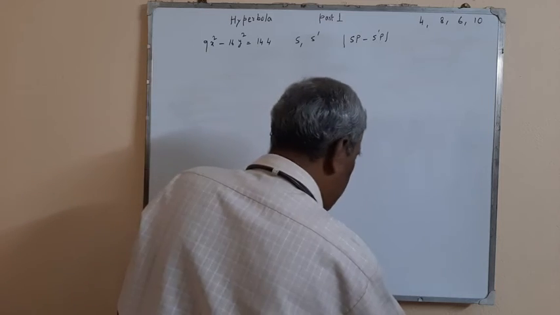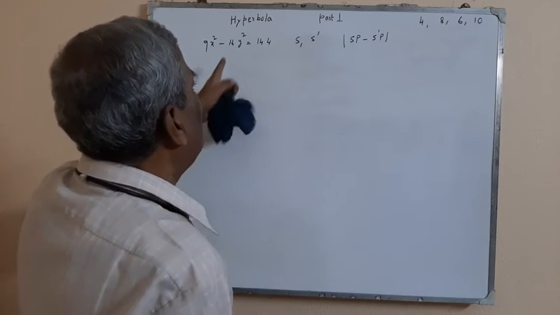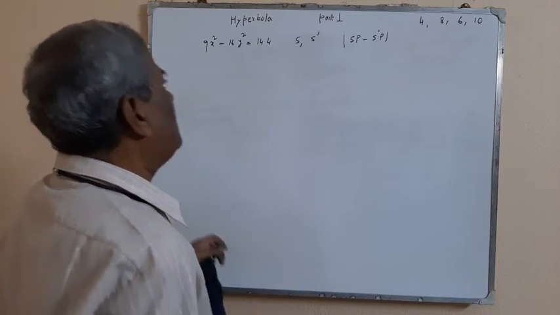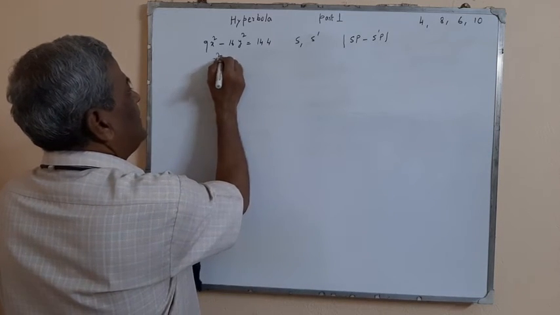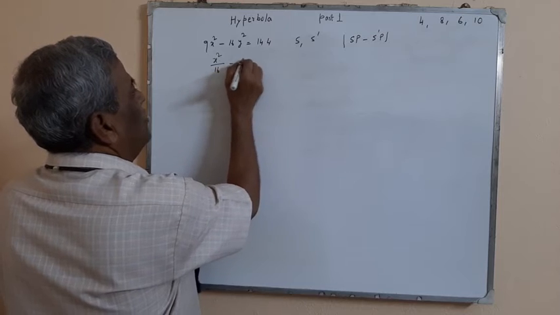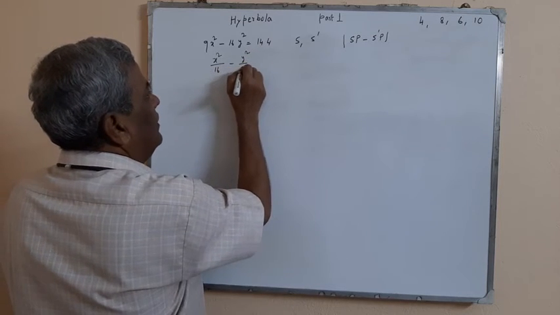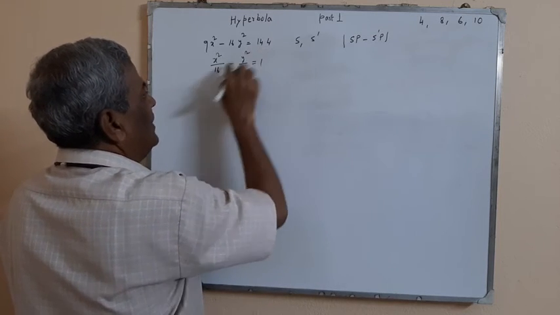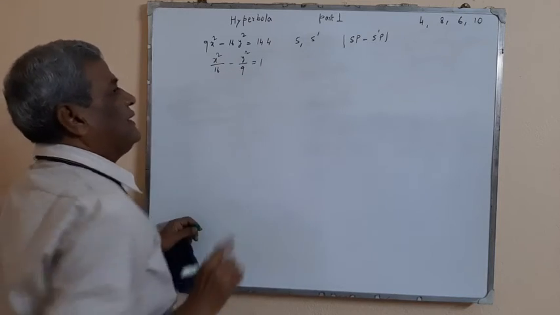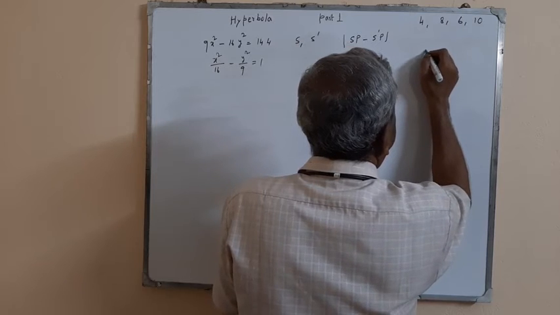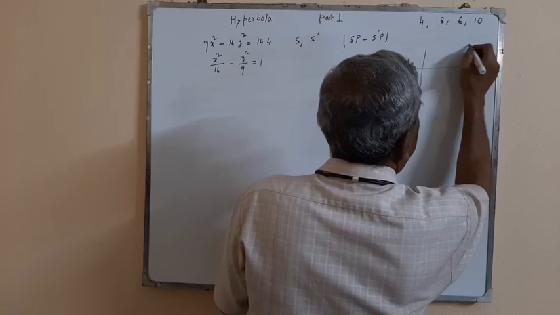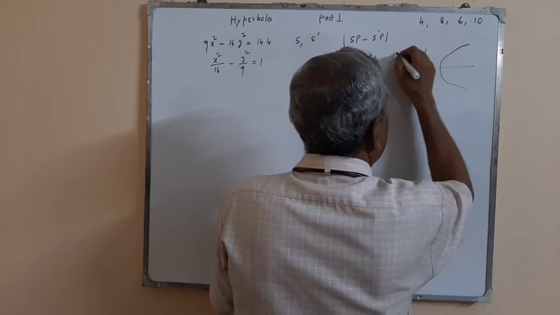So here one hyperbola is given, and its standard form is x square by 16 minus y square by 9 is equal to 1, dividing by 144, we get that. Suppose this is the hyperbola.